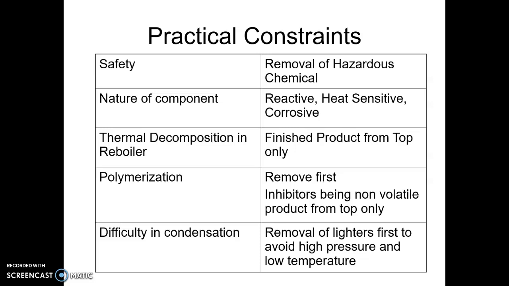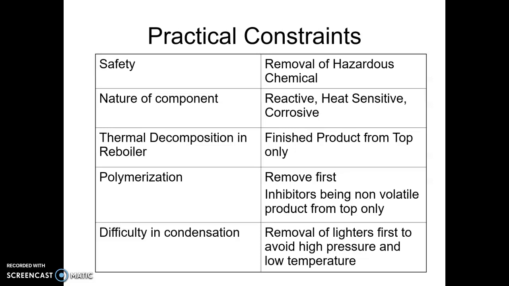Suppose there is a product which is very reactive in nature, then you want to remove that product from the mixture as soon as possible, because otherwise if it remains in the mixture, it tends to get reacted away and your conversion or your yield will go down. So you will try to remove that species as fast as possible.